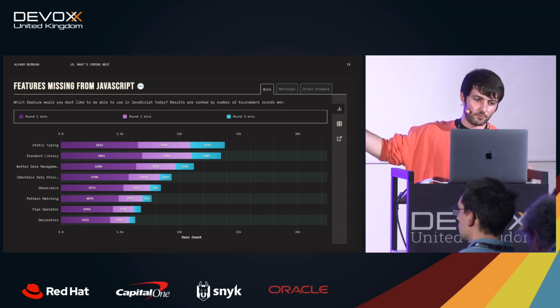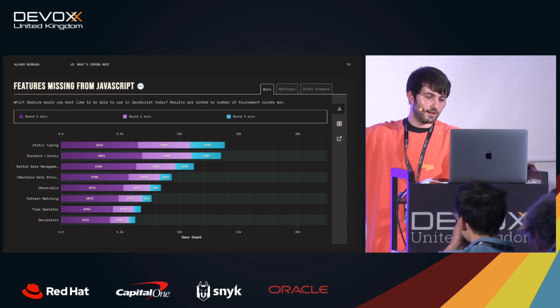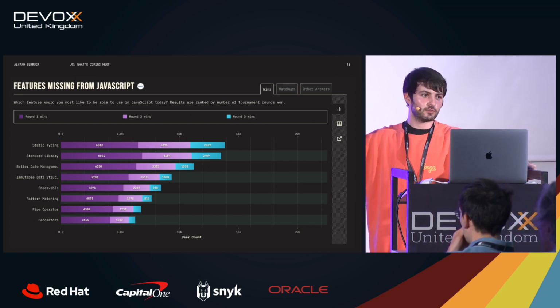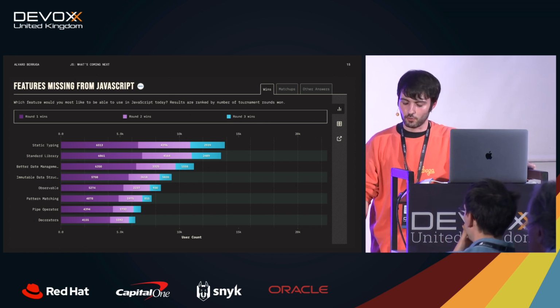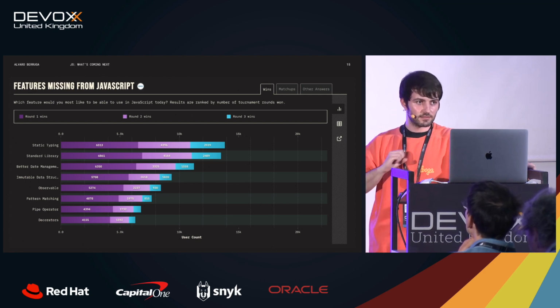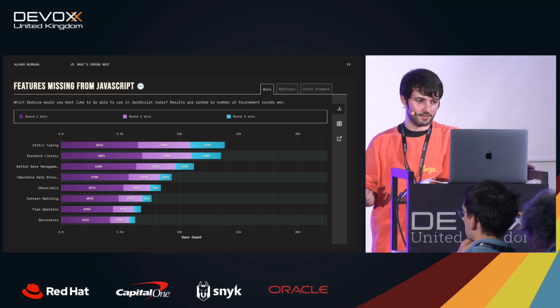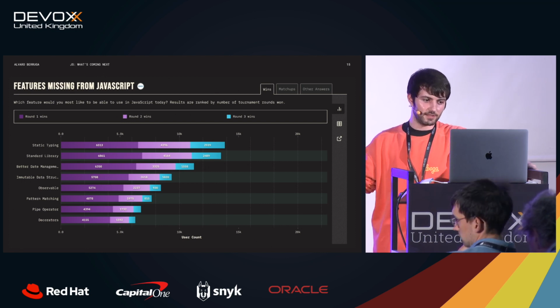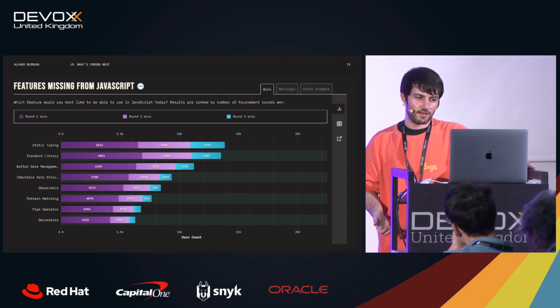Then we have better data management, immutable data structures, and observables, that is push-based data sources, like whenever you click, this pushes an event. So it's basically modeling push-based data sources. And then we have pattern matching, pipe operator, and decorators.